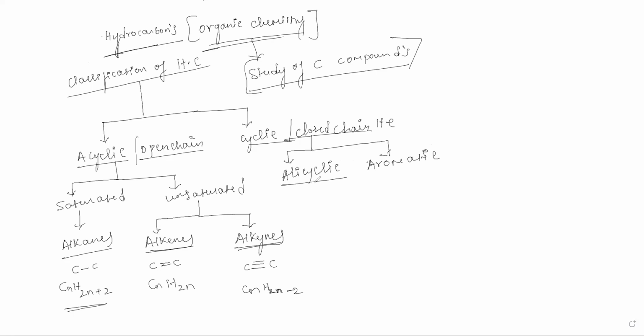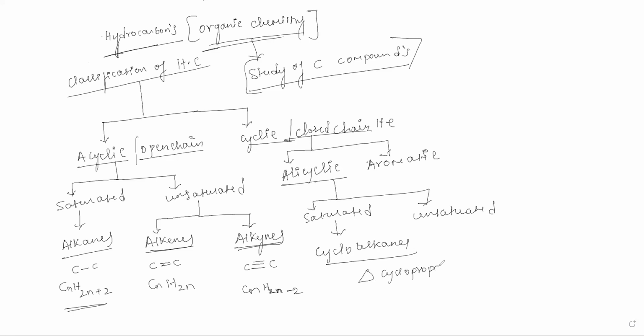Alicyclic is further classified into two types: saturated and unsaturated. Saturated means cycloalkanes, for example cyclopropane and cyclobutane. These are examples of cyclic compounds that are saturated.